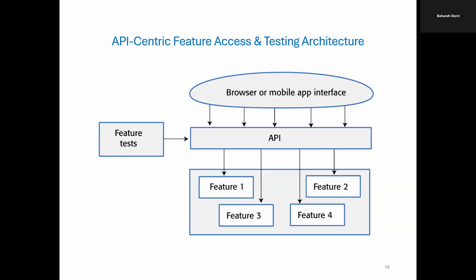We can just call those through the API, check the results, and boom, we know it works regardless of what the GUI looks like. Even better, if we ever redesign our front end, like switching from a web app to mobile, our tests don't break because the core logic is still accessible the same way through the API.